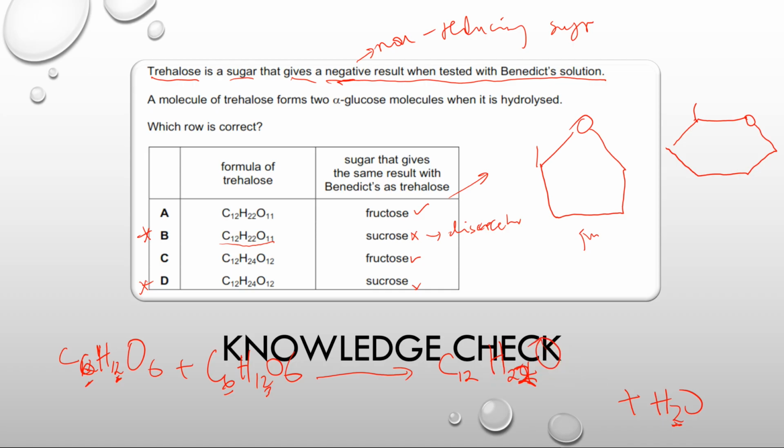So oxygen is 6 plus 6 minus this one, that's 12 minus 1, 11. So you see that B is our answer: C12H22O11. That is the general molecular formula for a disaccharide, sucrose, which is a non-reducing sugar.